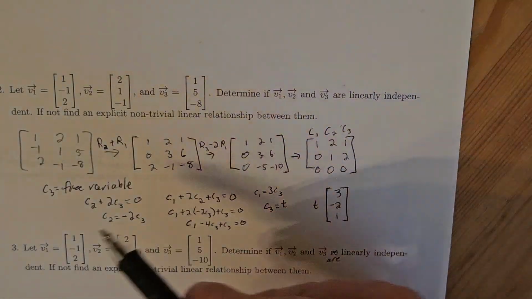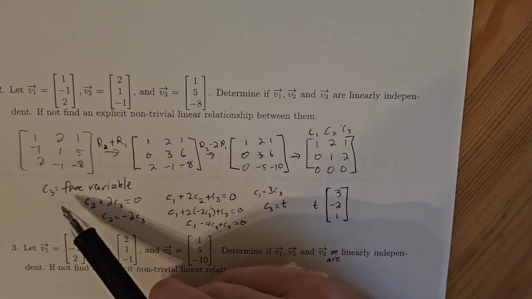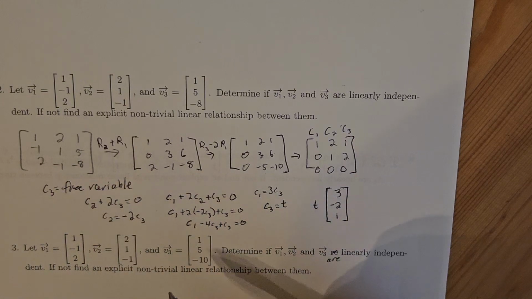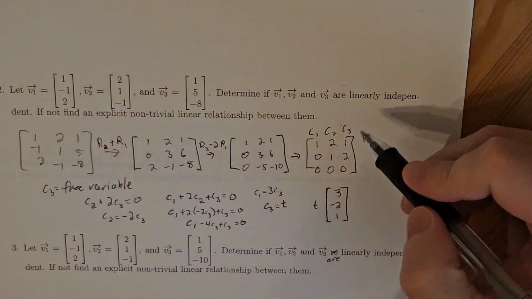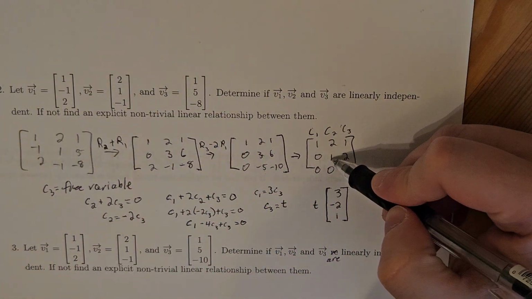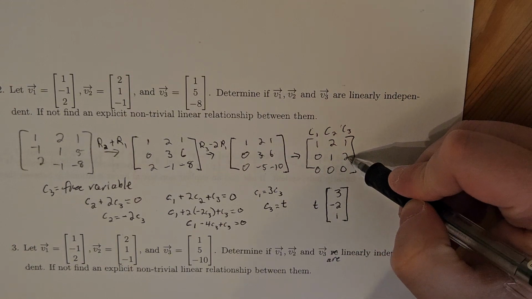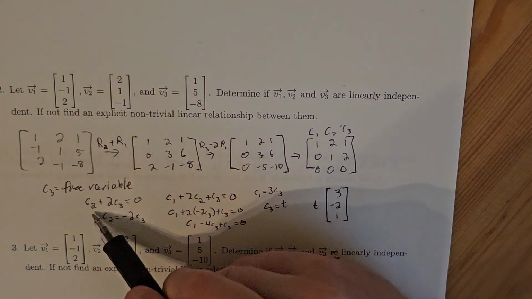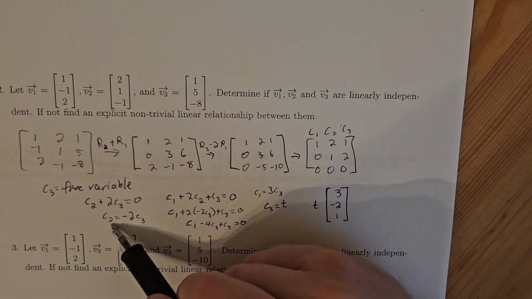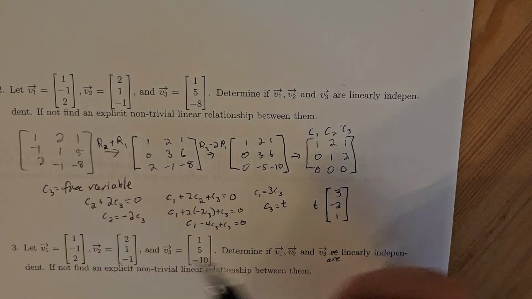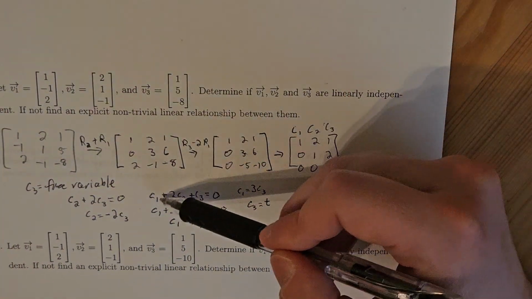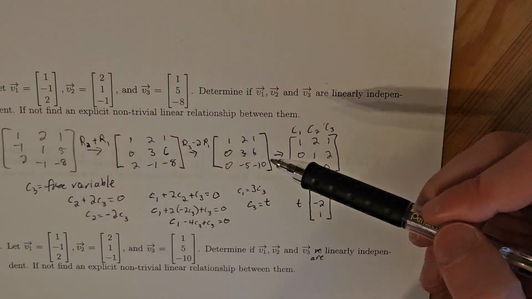So here I have worked out, if we call C3 our free variable, then notice that 1C2 plus 2C3 is equal to 0. So C2 plus 2C3 is 0. In other words, C2 is -2C3. Similarly, we can write out what C1, C2, and C3 are now.